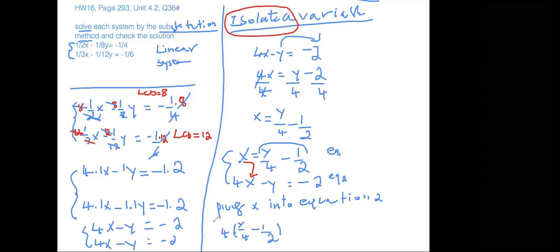Okay, so again, this is equation 2. So 4 times x, then the rest of the equation, minus y equals negative 2.